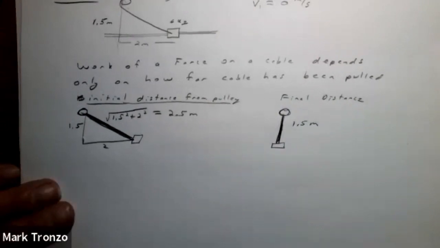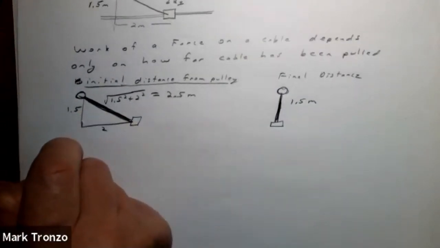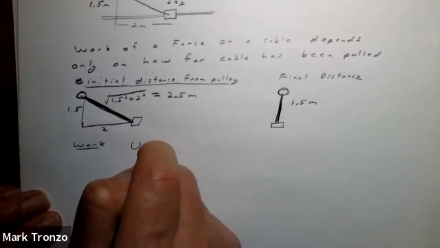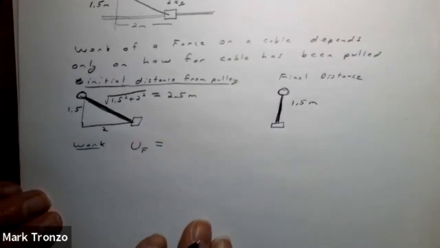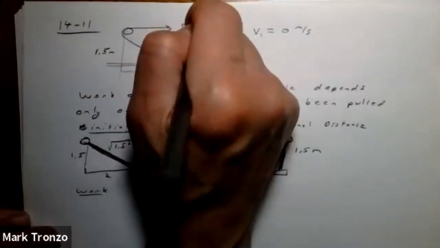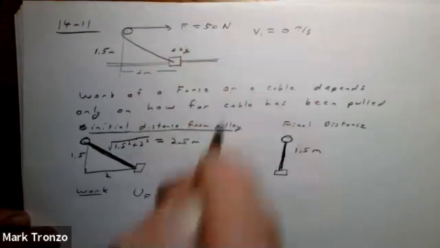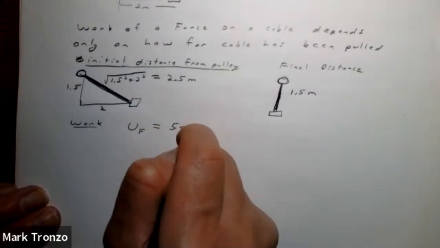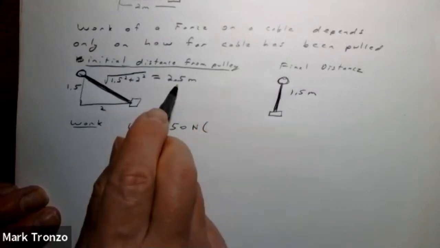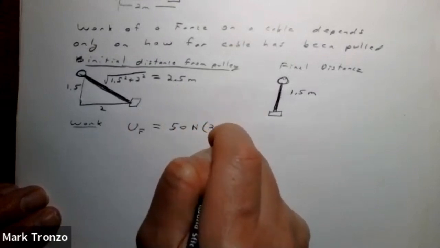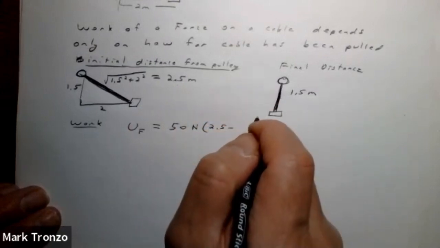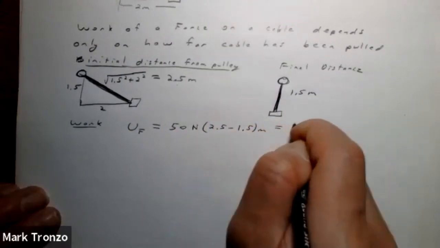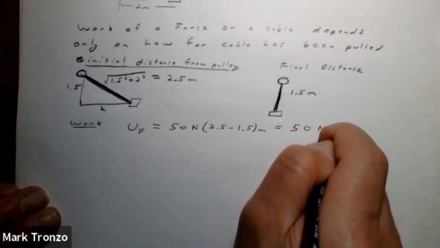So then the work of the force on the cable is going to be, and the force was given as 50 newtons according to the problem, our 50 newtons times our original length, 2.5, minus our final length, which was 1.5. That's going to be 50 newton meters.